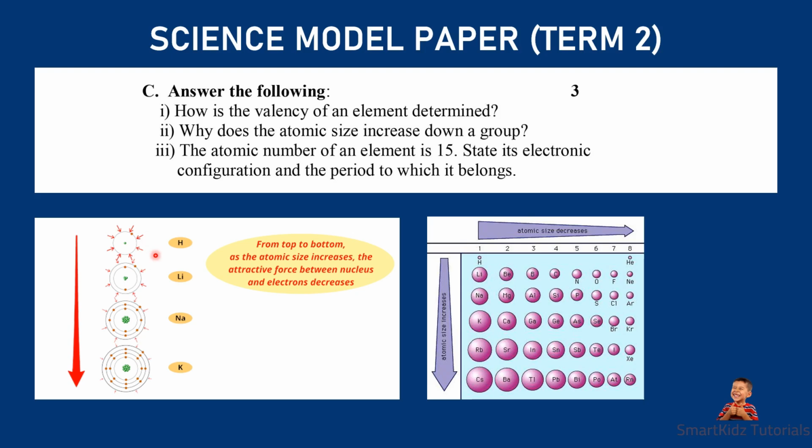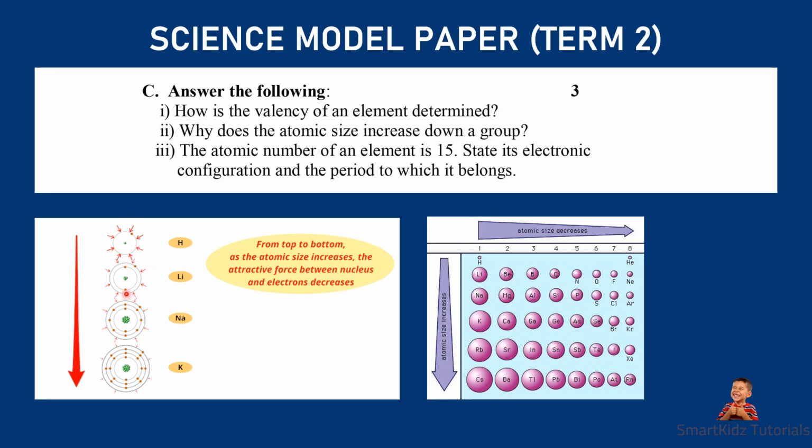So what does atomic size actually refer to? If you take the nucleus as the center and the shell as a circle, then the nucleus becomes the center of that circle, and any line drawn from the center to the circumference of that circle becomes the radius.